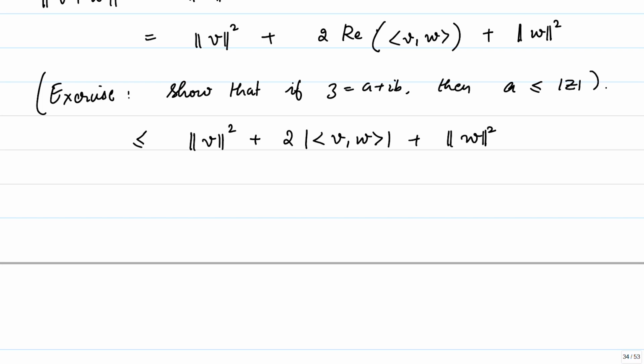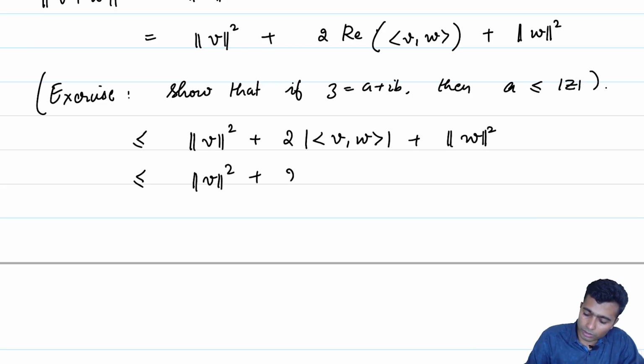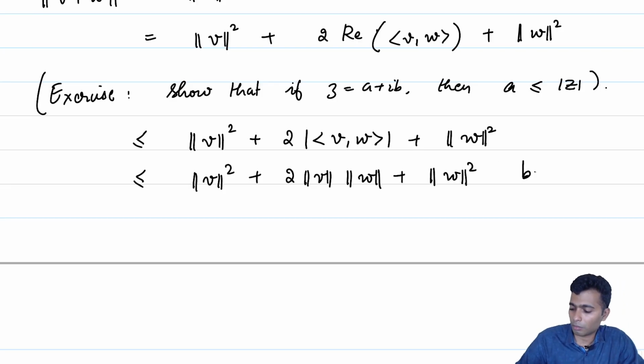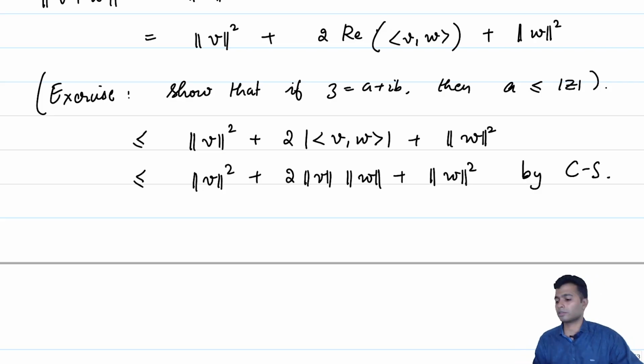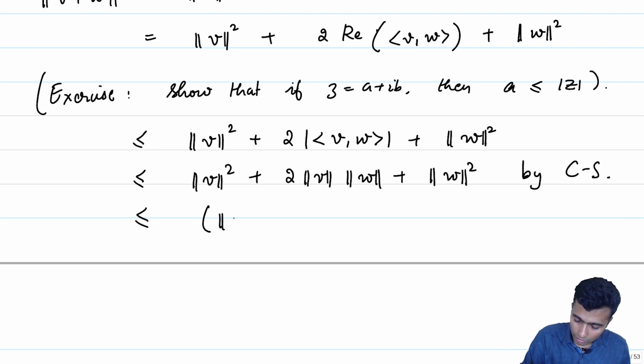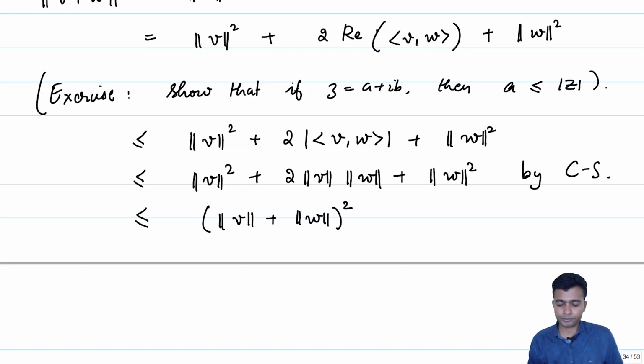It will be in the disk with center at 0 and radius length V times length W. So this is less than or equal to, by Cauchy-Schwarz, 2 times the length of V times the length of W plus the length of W square. Let me write just CS for Cauchy-Schwarz. And now the right hand side is just the length of V plus the length of W the whole square.